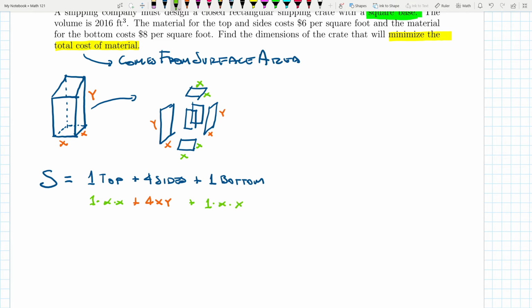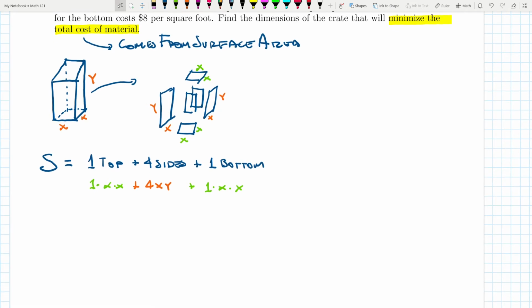Okay, so what are we going to do from here? Notice this is an expression for the surface area. Now we are going to turn this surface area into a cost function. S equals x squared plus 4xy plus x squared. These x squareds are like terms, and you might be thinking, let's combine them.